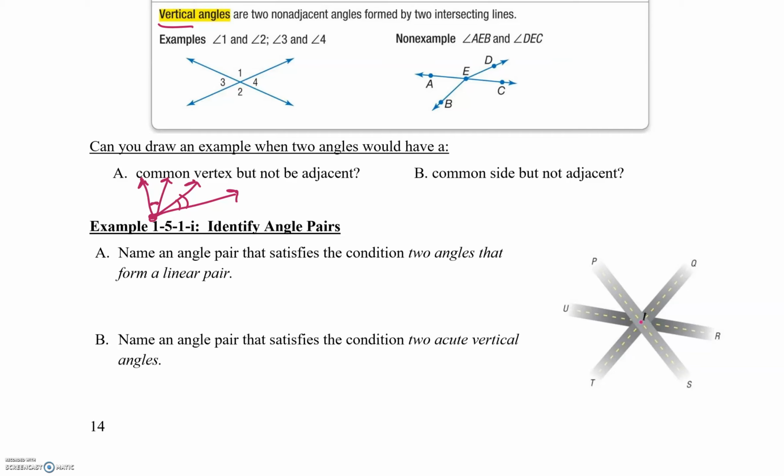This angle and this angle, angle 1 and angle 2, have a common side but are not adjacent. So something maybe, again, very similar to what we had there. So maybe like that one and that one, kind of sharing a common side.